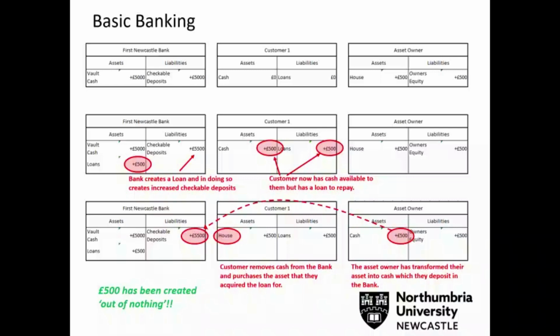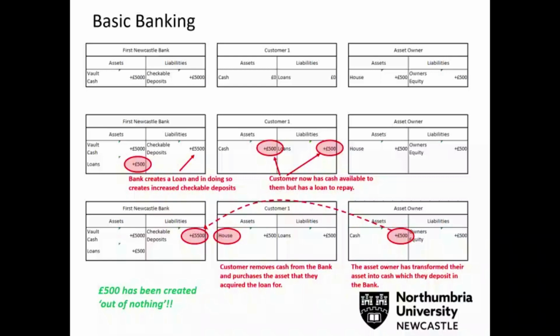So before, the customer didn't have any cash, but now the customer does have cash because the bank created a loan of £500 as an asset, and then assigned that asset to the customer.